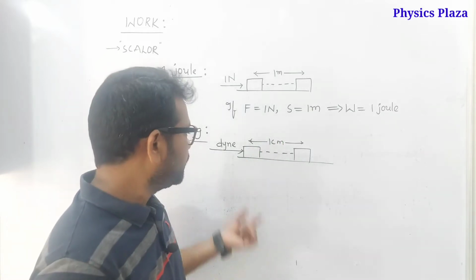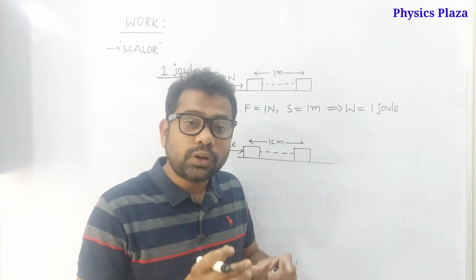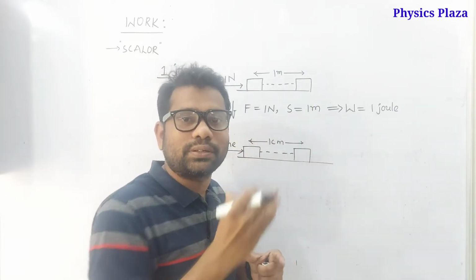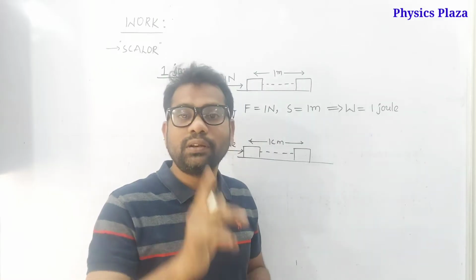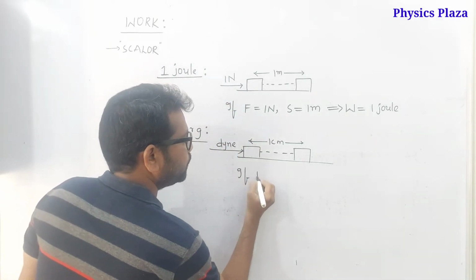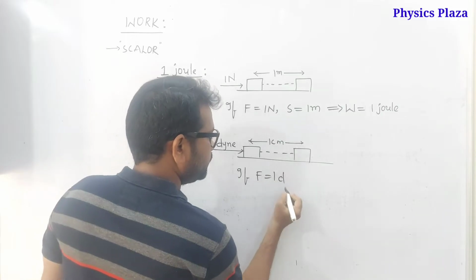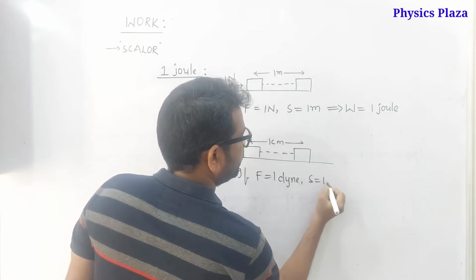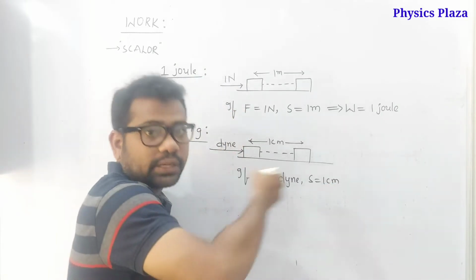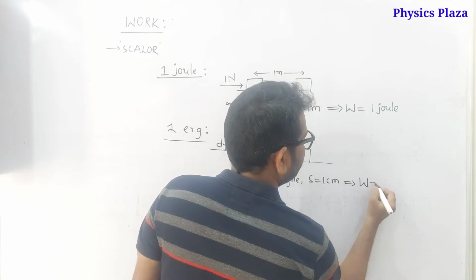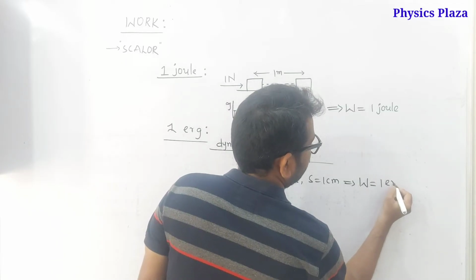Which means what, children? If the force of 1 dyne displaces the body by 1 centimeter, then work is said to be done 1 erg. That is, if a force of 1 dyne displaces the body 1 centimeter in the direction of force applied, then work is equal to 1 erg.